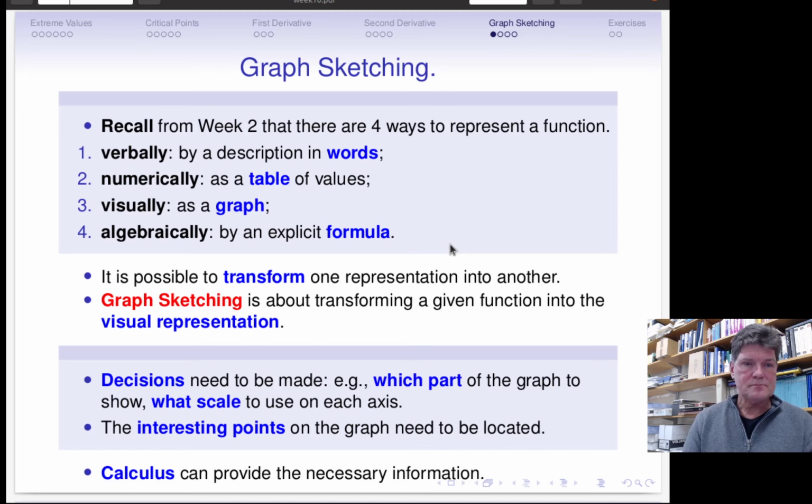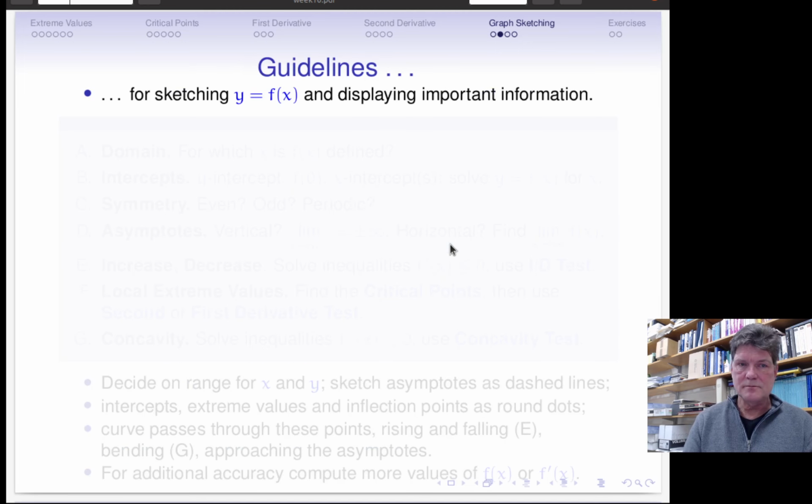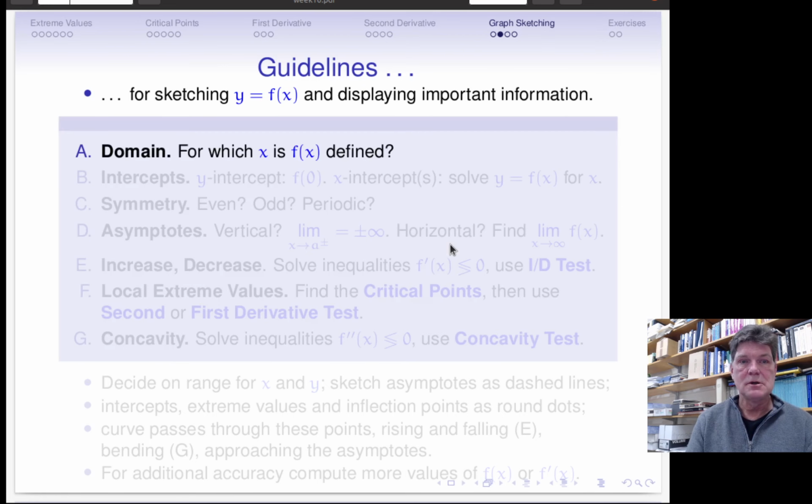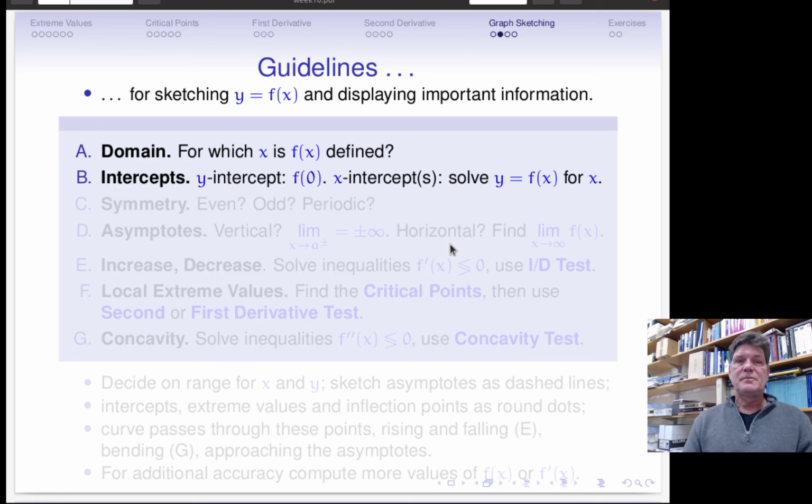And for this, one can use the following list of 7 guidelines which help to collect the interesting information about a function. Somehow this is like a review of the course so far, of which aspects are of interest, to support the decisions that need to be made when you sketch a graph.